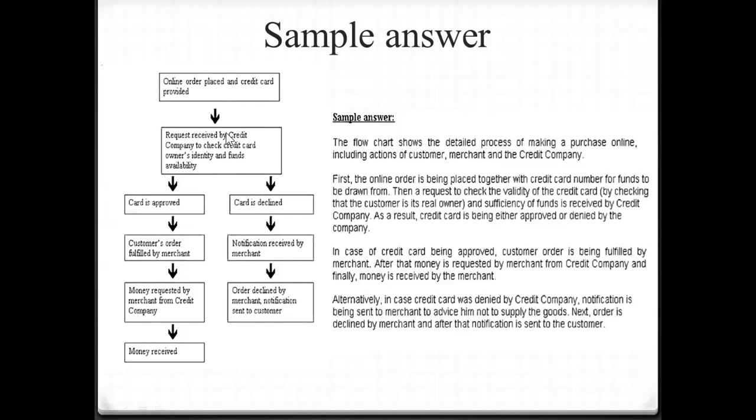So on this part of the flowchart, the one on the further left, the card is approved. Customer's order fulfilled by merchant, followed by money requested by merchant from credit company, and then money received. For the rightmost part of this illustration, it depicts card is declined, and after this, notification received by merchant, and then order declined by merchant, notification sent to customers.